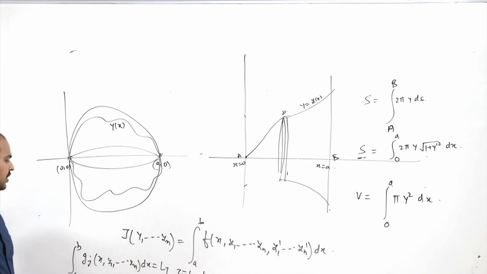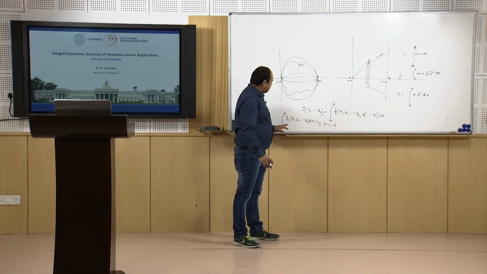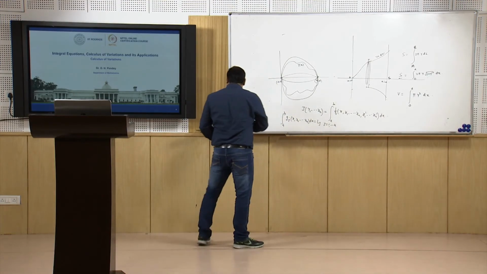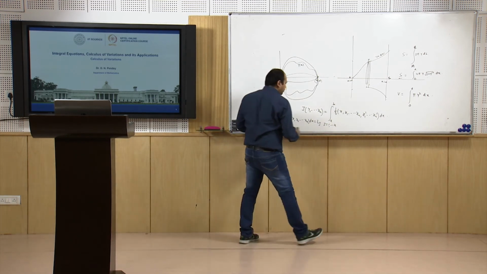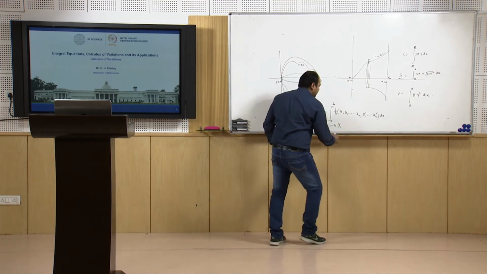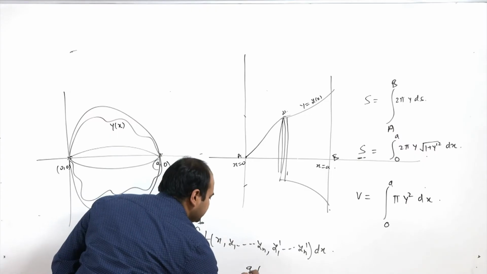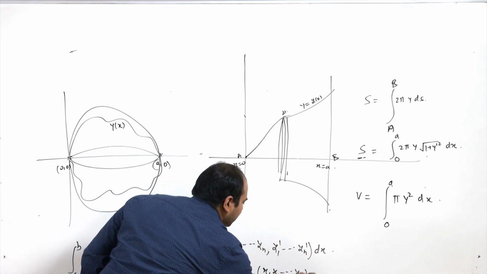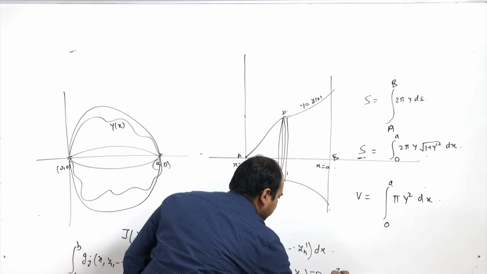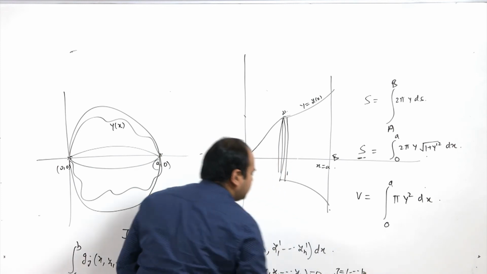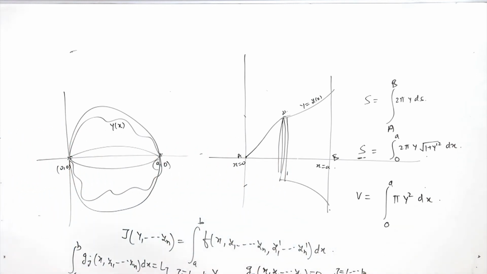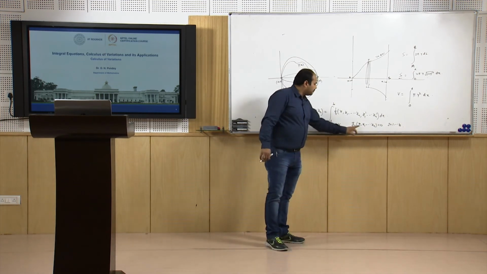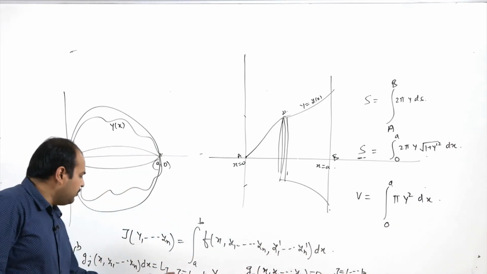But when this condition is replaced by a finite equation, not in terms of an integral, the condition is now g_j(x, y1, ..., yn) equal to 0 for j equal to 1 to k. These conditions are known as finite equations. So the constraint is given in terms of finite equations rather than in a functional form.